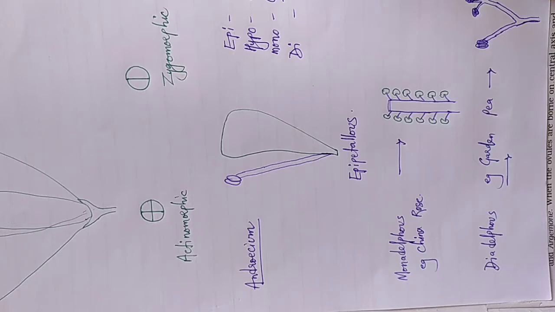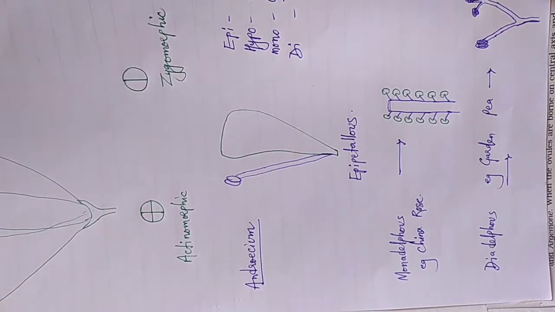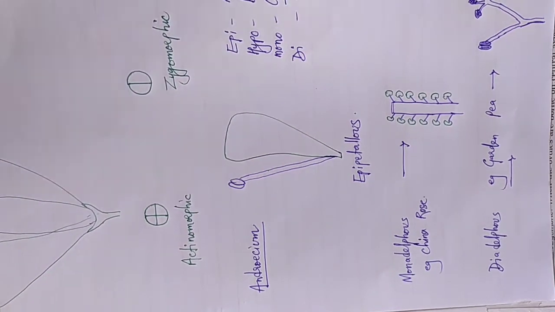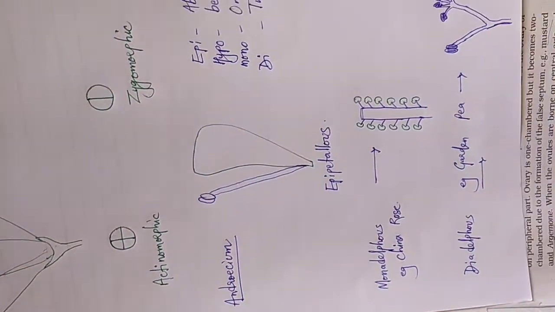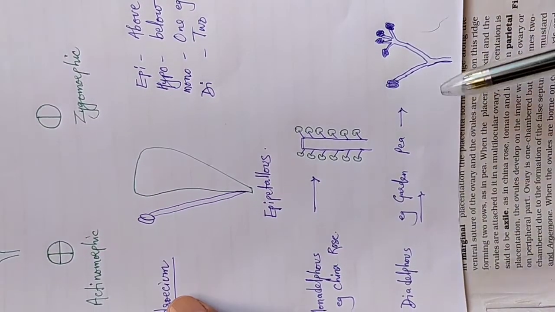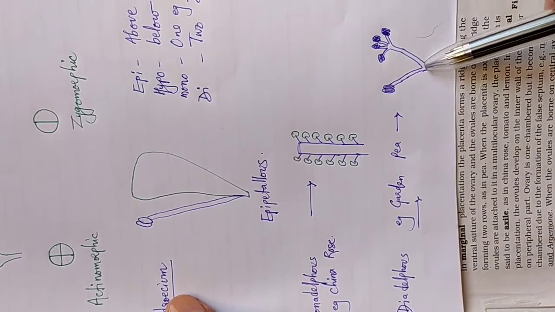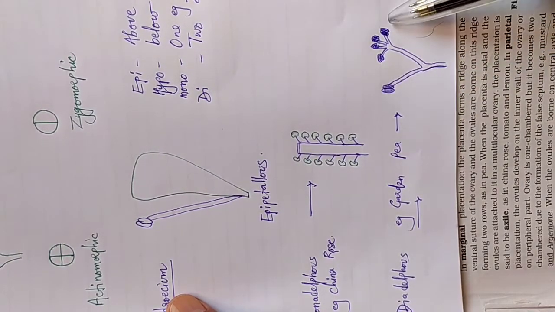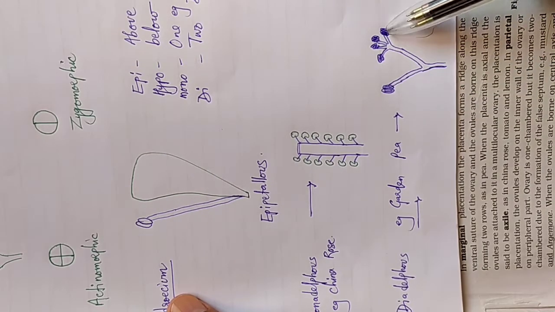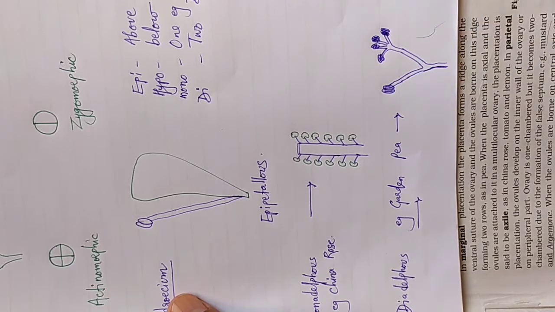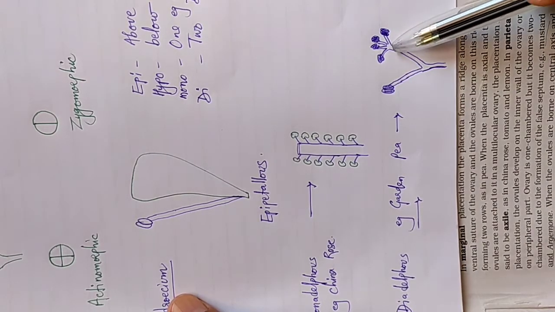Then the stamens may also be diadelphous, as in garden pea. In garden pea, we see diadelphous stamens, where the filaments are divided into two bundles. There is one stamen separate, and there is a bunch of anthers on the other branched filament.